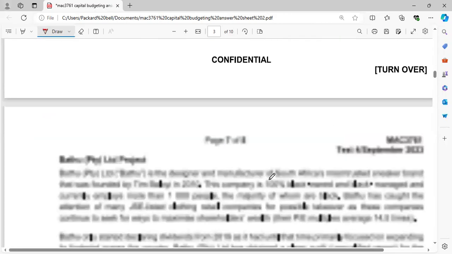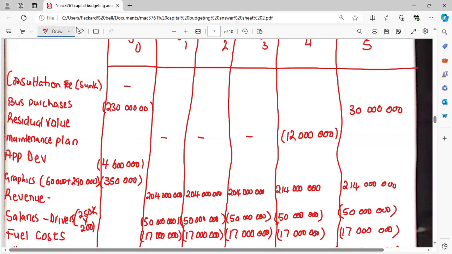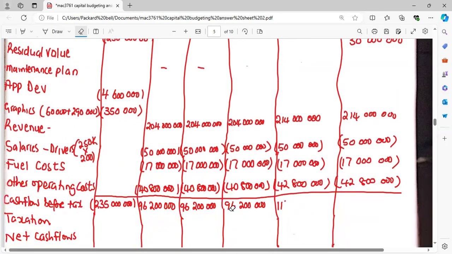Yes. The extended maintenance plan is paid upon expiry of the original maintenance plan. So our 12 million must be in year 3 there. I think there is something wrong there. So it's going to be affecting this figure as well.